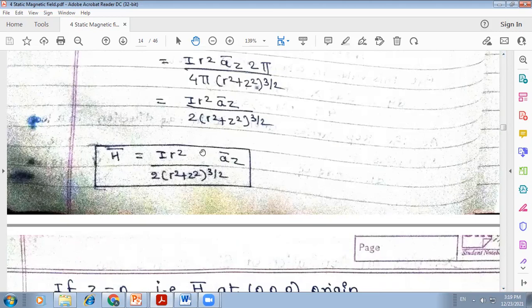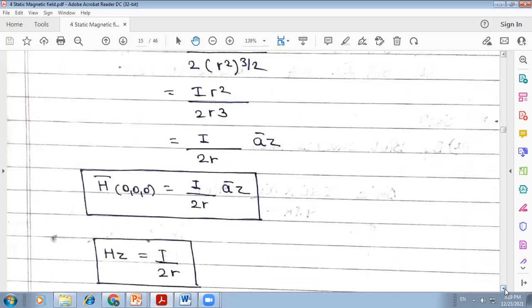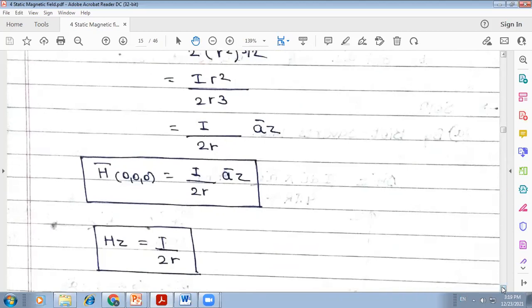So at the origin, the magnetic field intensity will be I upon 2r into unit vector A bar z, or Hz is equal to I upon 2r. If it is asked, then only you can write this equation.